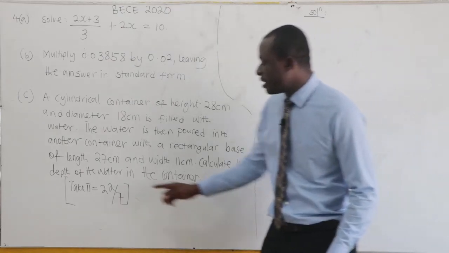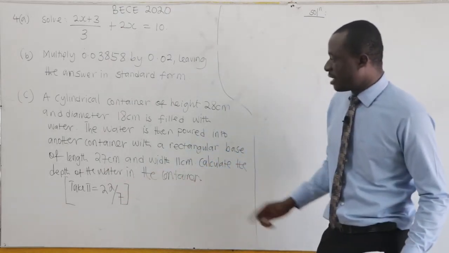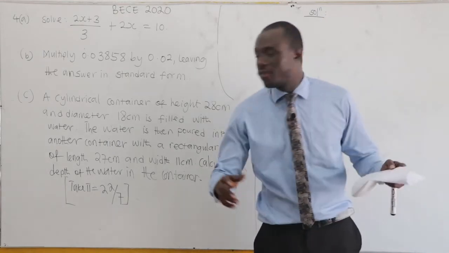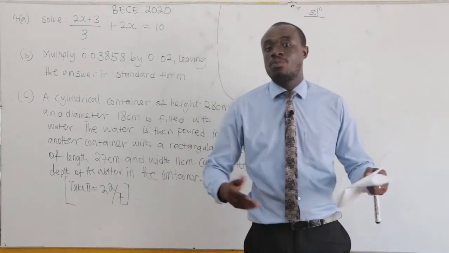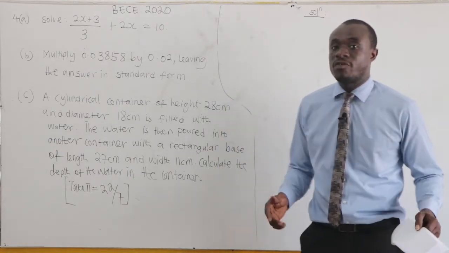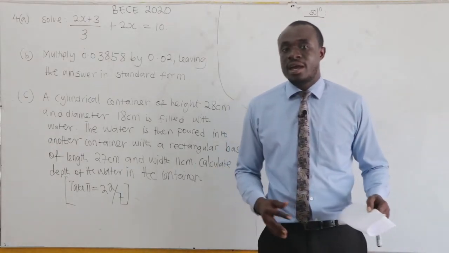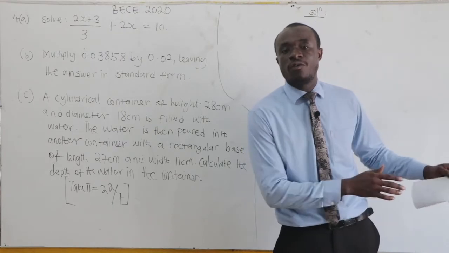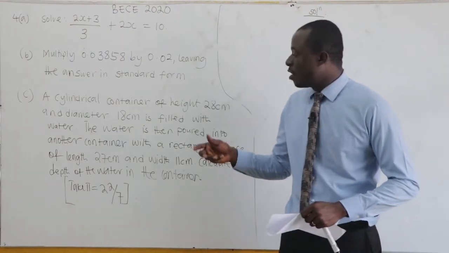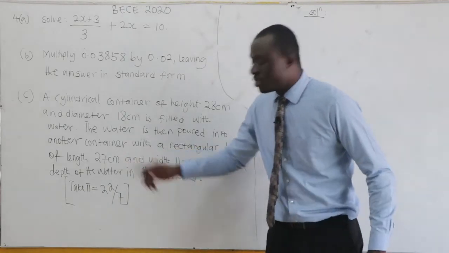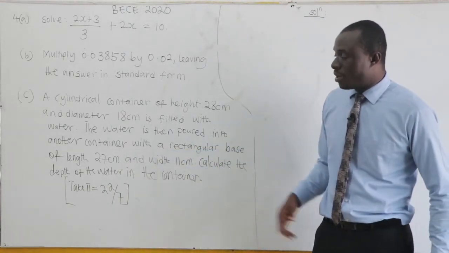We should calculate the depth of water in the container. Now we have a cylindrical container filled with water, and then it is poured into a container with a rectangular base. Hence, the volume of the cylinder will be equal to what? The volume of the container with the rectangular base.